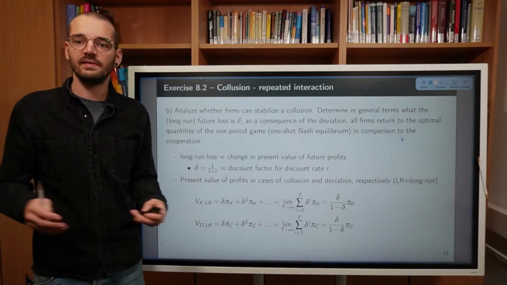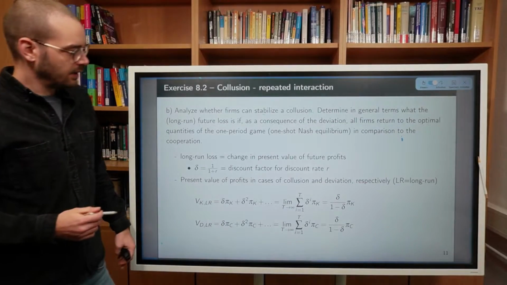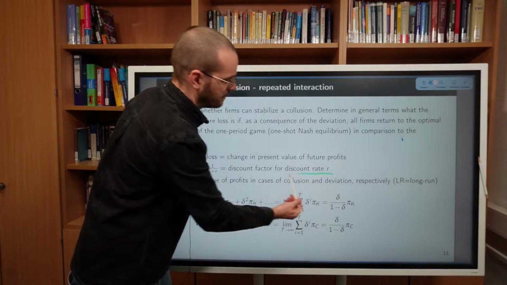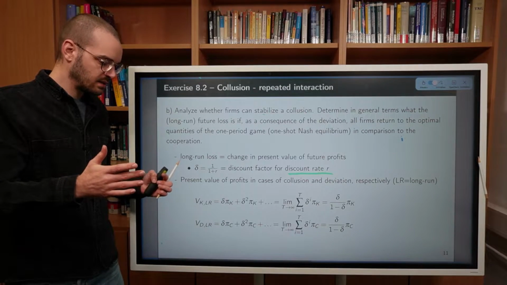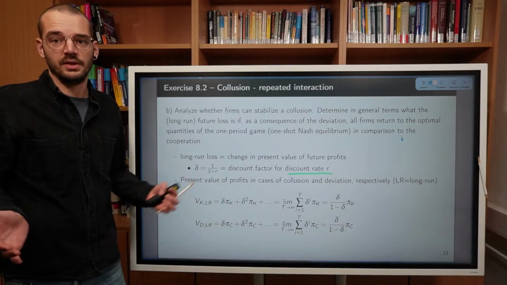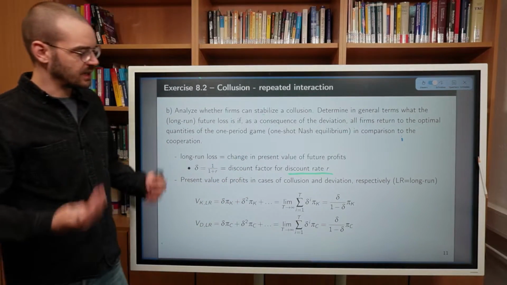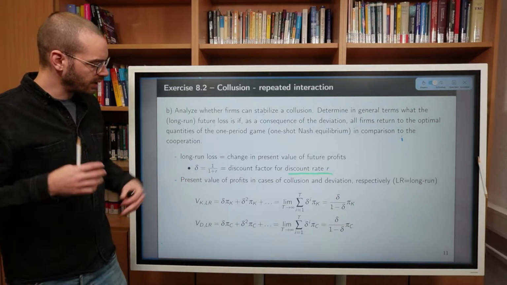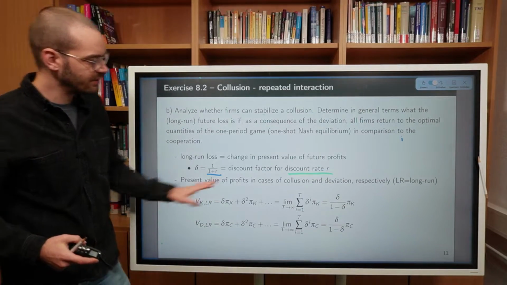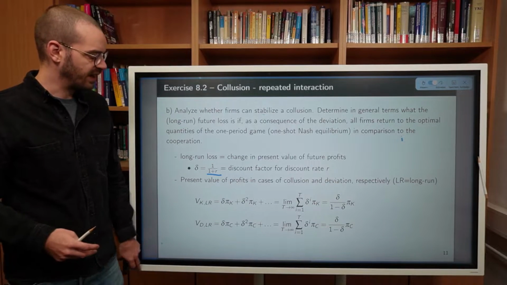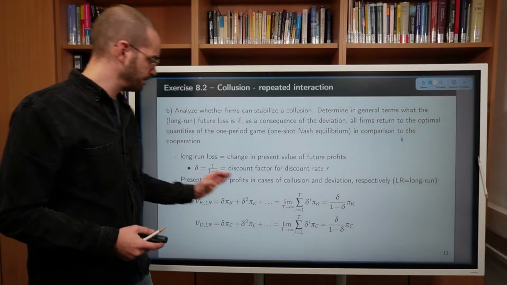If we want to calculate the present value of these values, we of course have to assume that there is some discount rate, and we call it R, which we can use to project streams of payment from one period into another. And what's quite easy to show is then that the discount factor for some discount rate R is equal to 1 over 1 plus R. And because that's a little messy to write down every time, we will call this discount factor gamma. No, delta. Discount factor delta. All right.